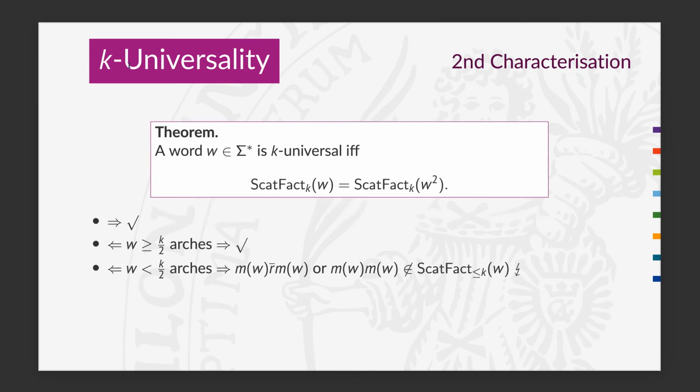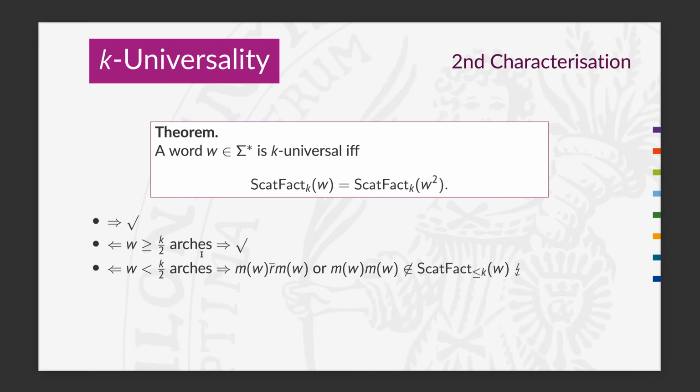So why is this? The one direction is clear. If I already have all scattered factors of length k in W, then I will find them in W squared. For the other direction, if W has more than k half arches, well, then I can find k half in the first one and k half in the second one, and I have k in total.